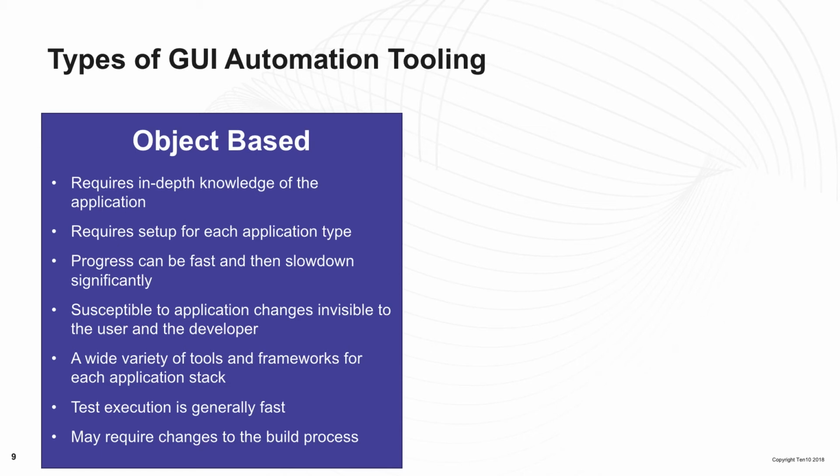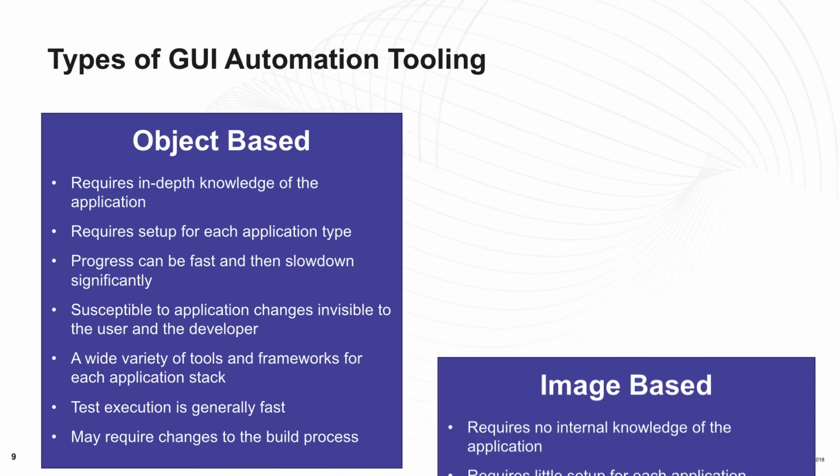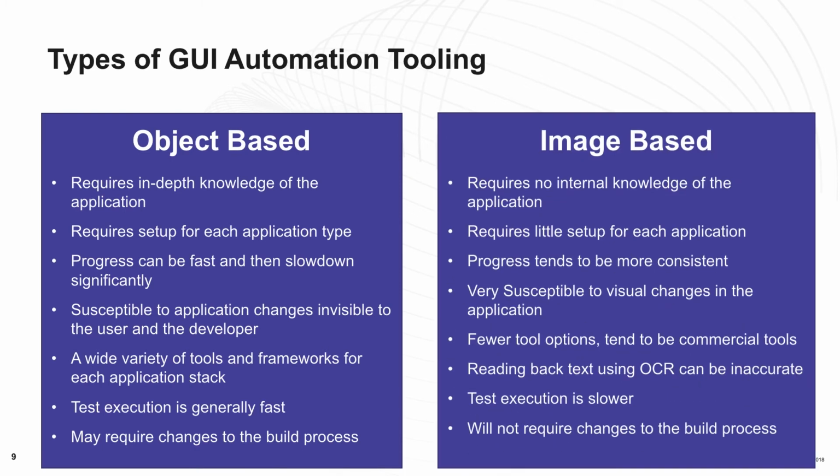We then have, on the other side of the fence, the image-based tools. Now, instead of identifying controls on a page through this abstraction layer, they find elements by visually matching the image of the control that the test script developer has captured when writing the script, and then trying to find that image on the application on the screen.